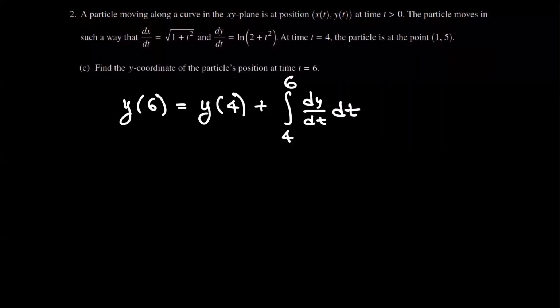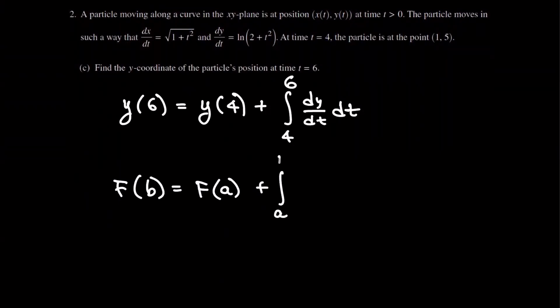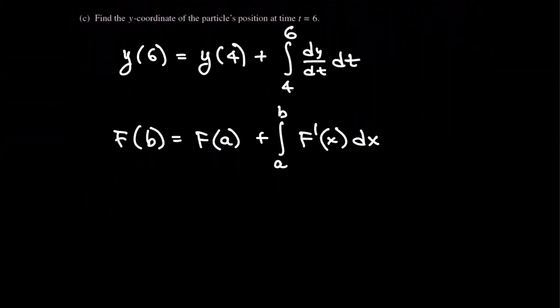So the general form will be f of b equals f of a plus the integral from a to b of f prime of x dx. And so in our case, we have plugging in the dy/dt here and y of 4, which is given to us, which is 5. So let's plug in the values.